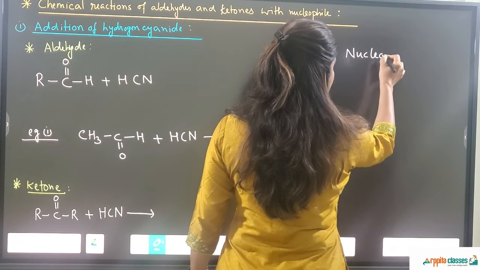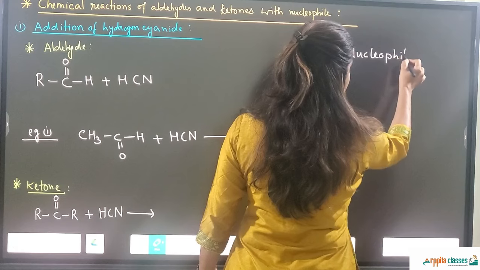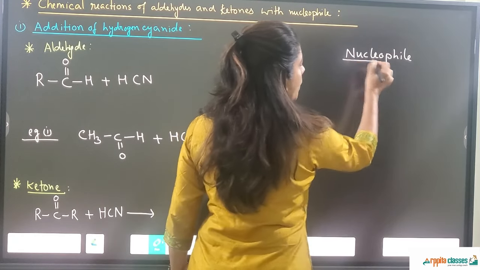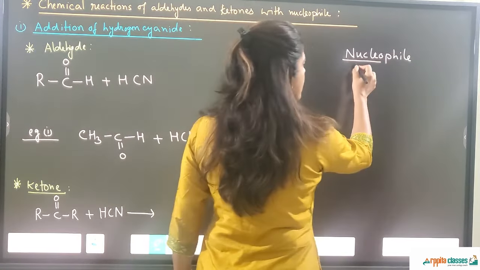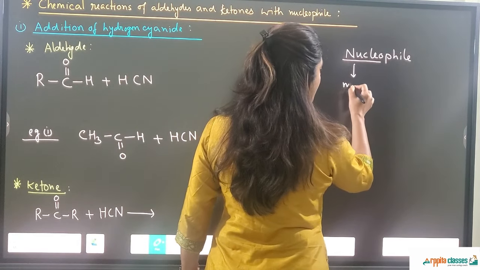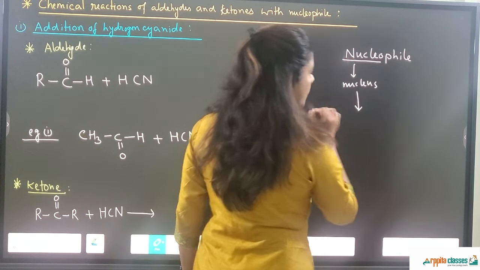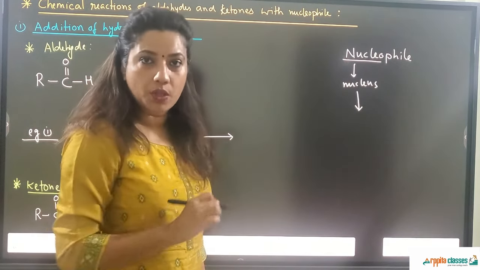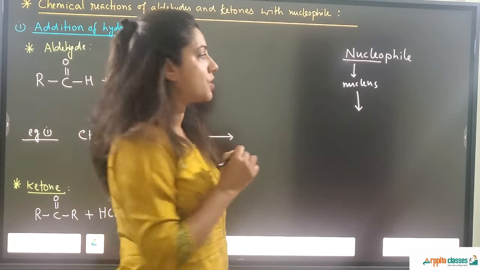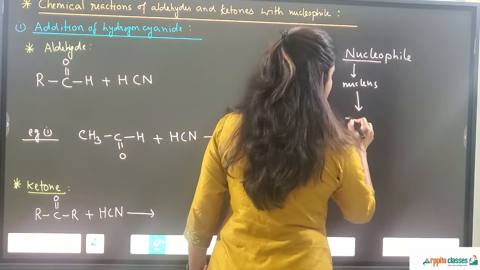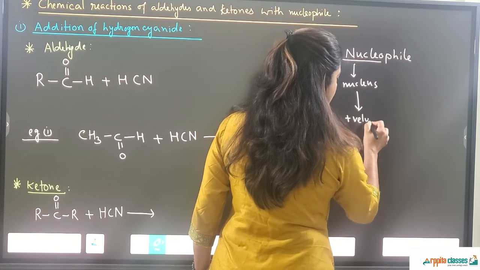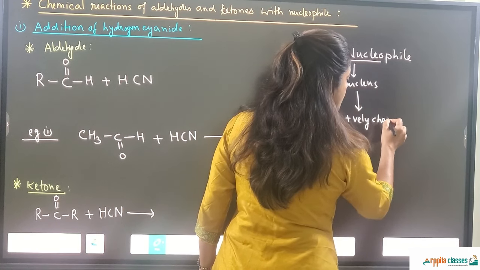Just see the literal meaning of it. Nucleo means it is related to nucleus. And we know that in the nucleus we have protons and neutrons, and protons are positively charged. So here nucleus means we are referring to the positively charged.